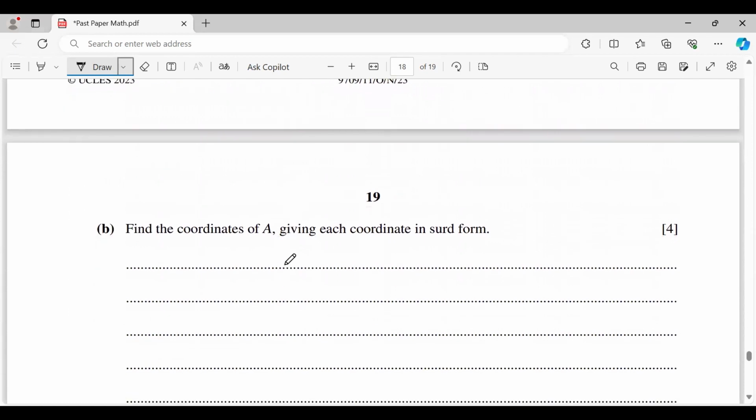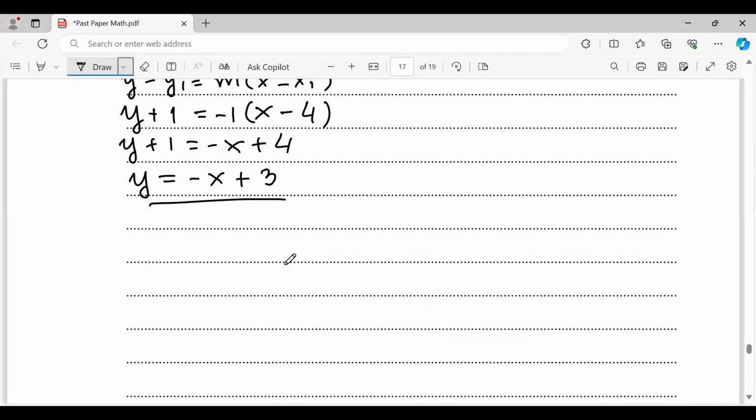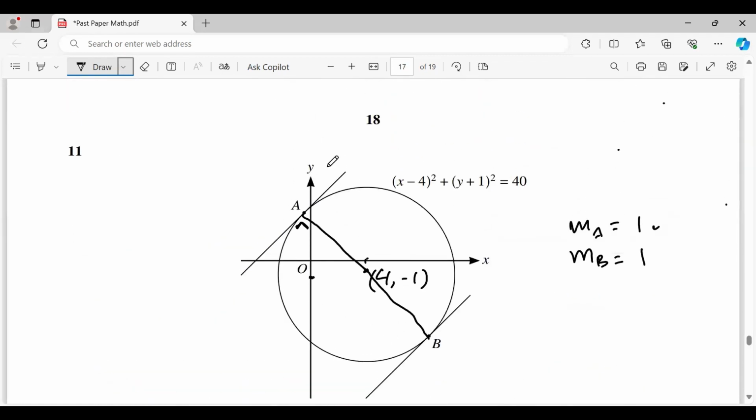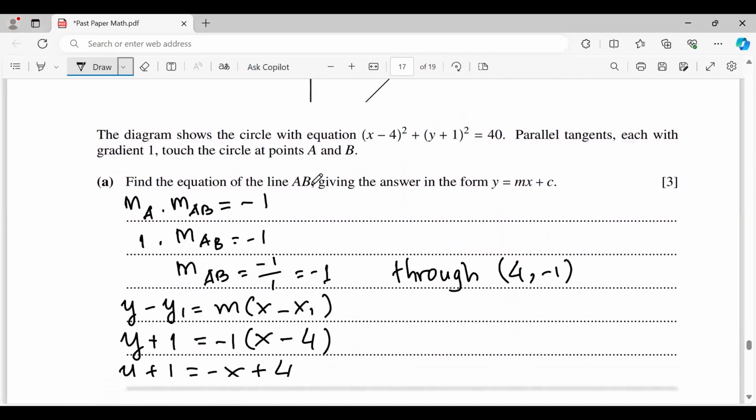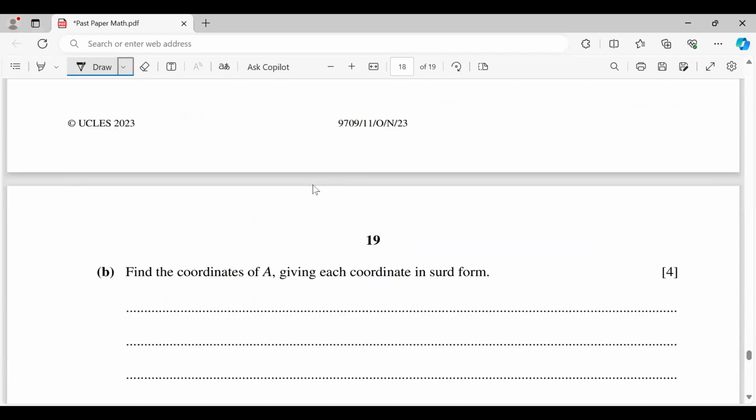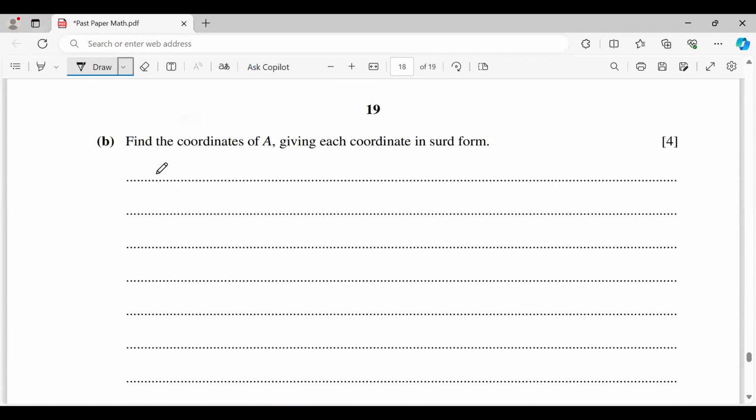B, find the coordinates of A. Okay, we are going to find this coordinate point, A. According to the circle equation, x minus 4 squared plus y plus 1 squared equals 40.